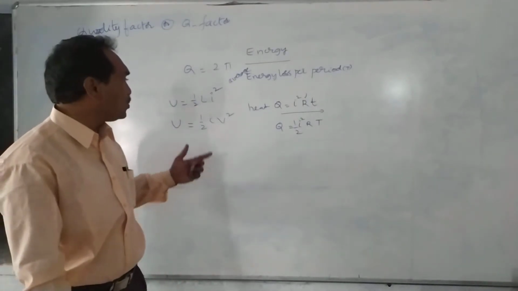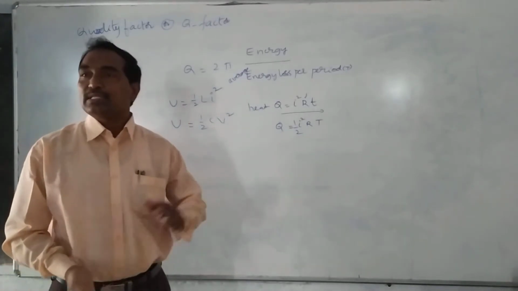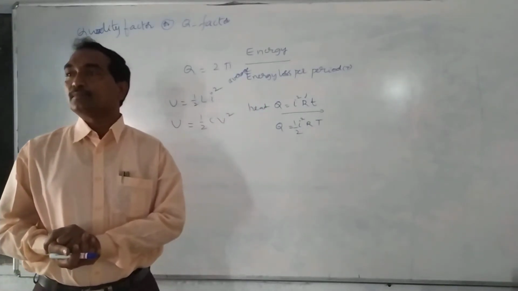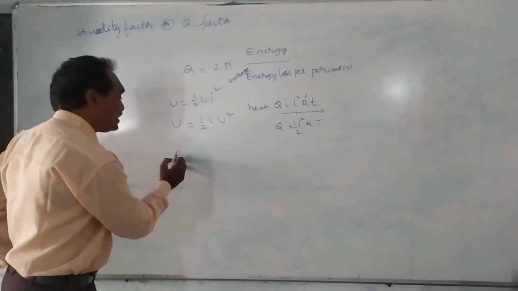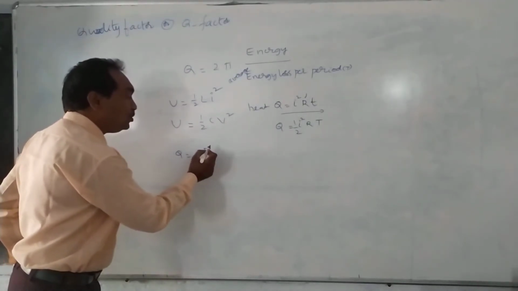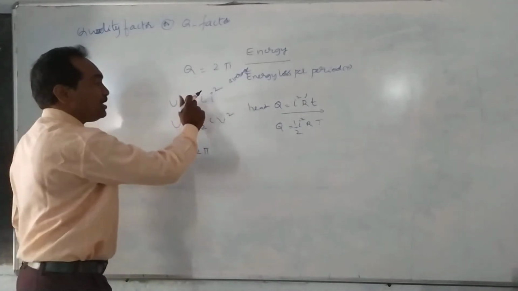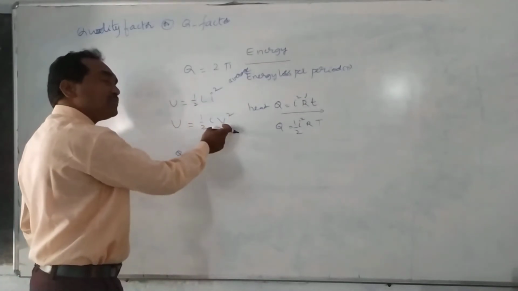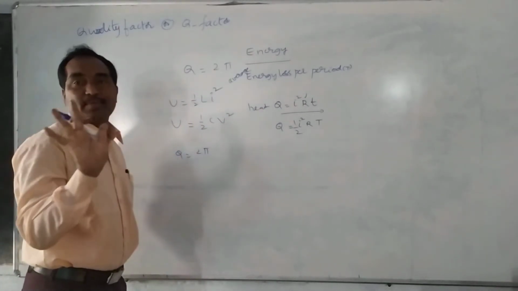So when we know these two values, this question is very easy. Now the quality factor Q is equal to 2 pi into the energy, maybe half L i square, or of course half C V square, whatever it is. Both of them are right.